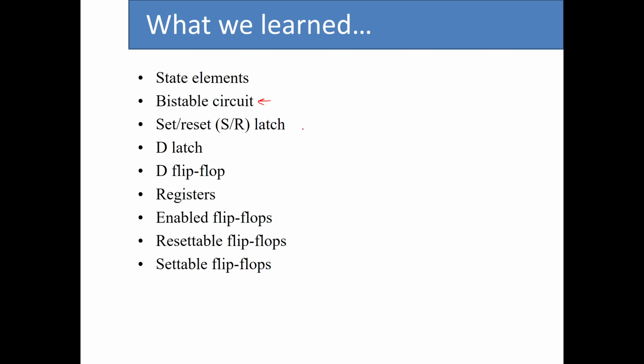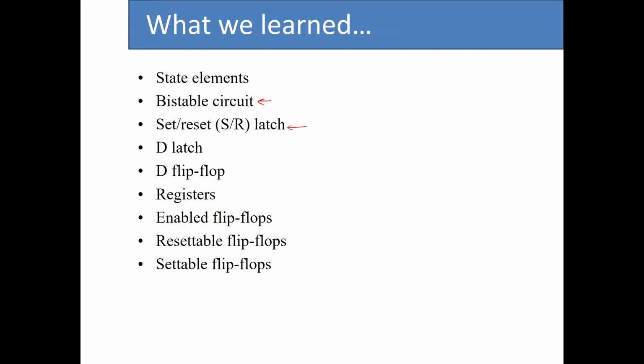From that, we got to the SR latch, which had 2 inputs, the set and reset, to control what is being stored. But we saw that there are some problems associated with the SR latch. We had this invalid state in which, when both S and R were 1, both Q and Q bar became 0.